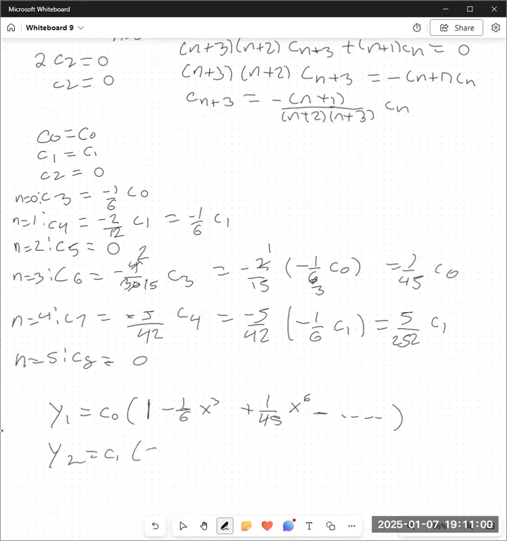Y2 is C1 x, and then minus 1/6 x to the 4th plus 5 over 252 x to the 7th. And then this is going to be minus, again, because it goes plus, minus, like so.